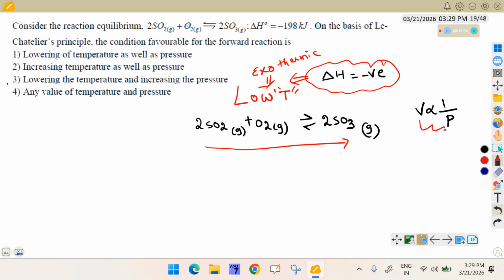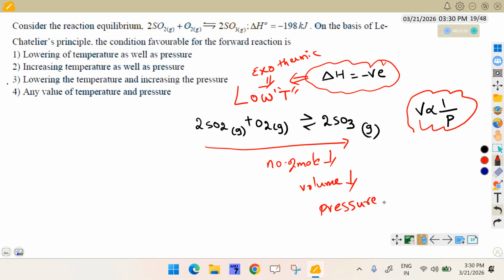If volume decreases, then pressure increases. Correct option, third option.